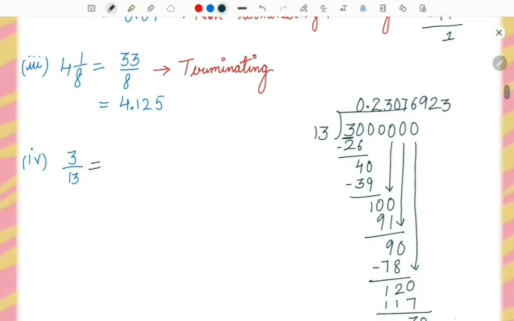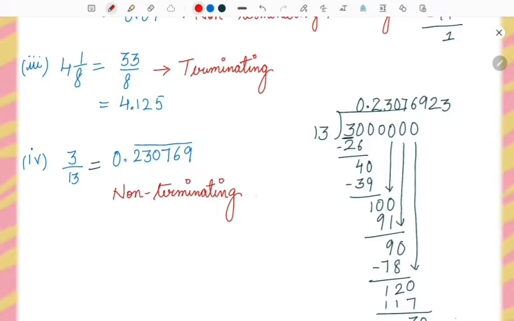So the decimal expansion for 3 by 13 would be 0.230769. 23 is again repeating itself, so we are putting a bar here, because after this the repetition starts. So the decimal expansion of 3 by 13 would be non-terminating because the remainder did not come out to be 0, and the expansion started to repeat itself, so non-terminating and recurring.